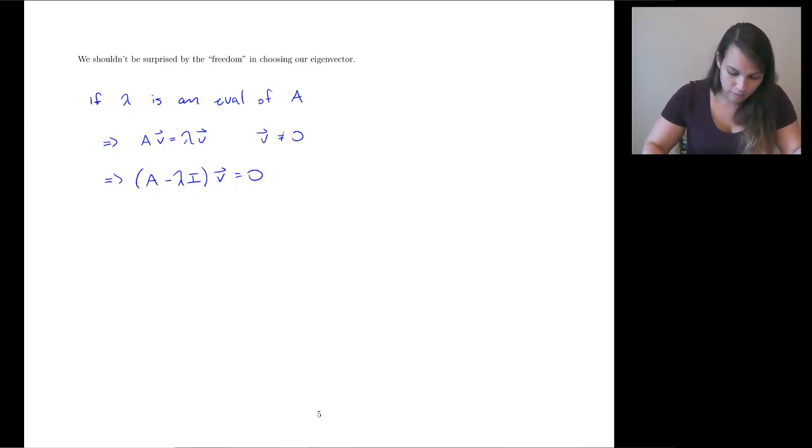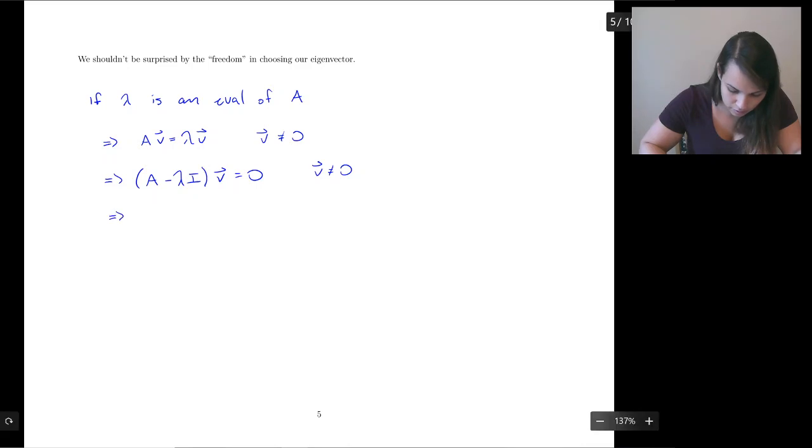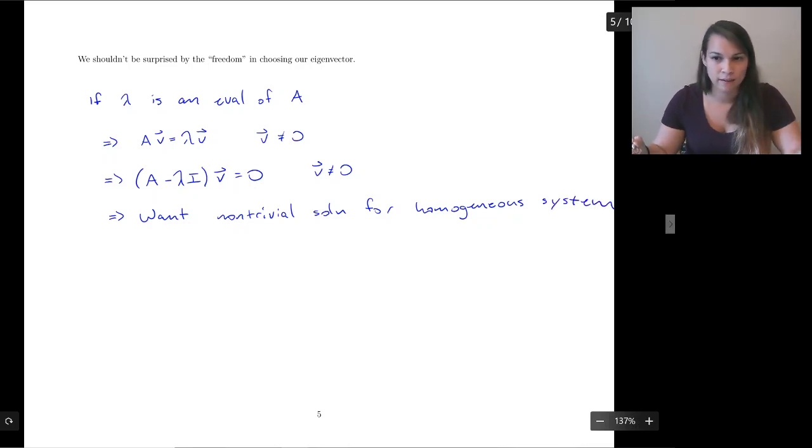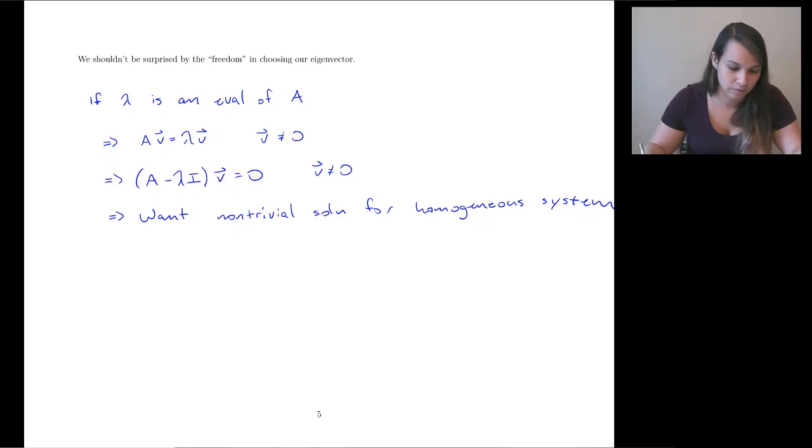But again, we don't want that to be equal to 0. So we want a non-trivial solution for our homogeneous system, which means we are left in the world of infinitely many solutions.